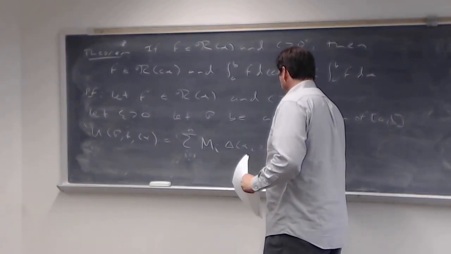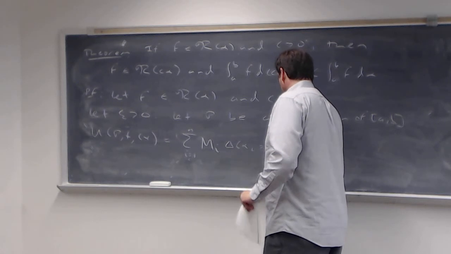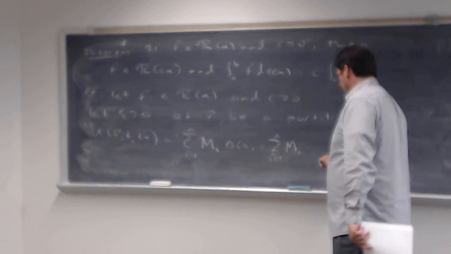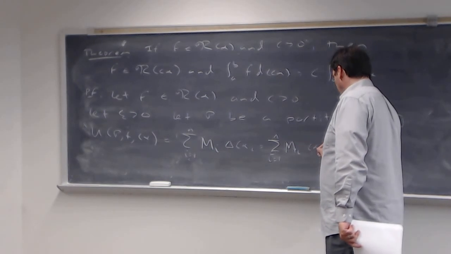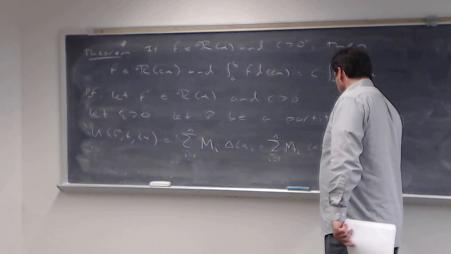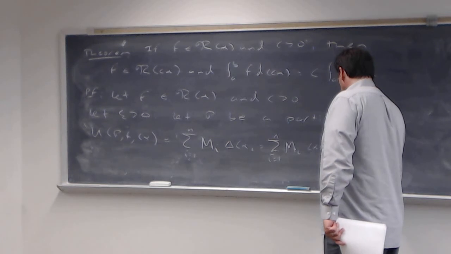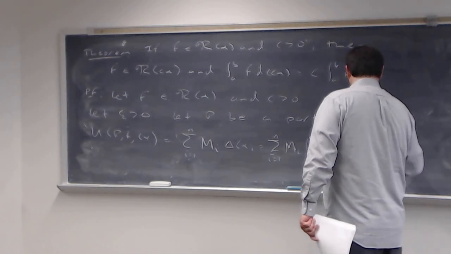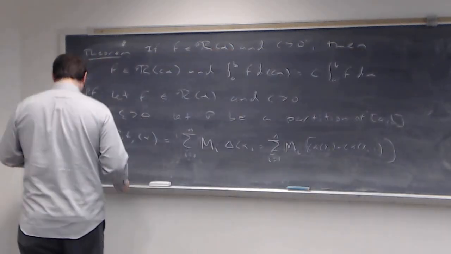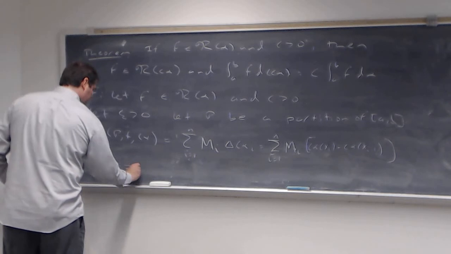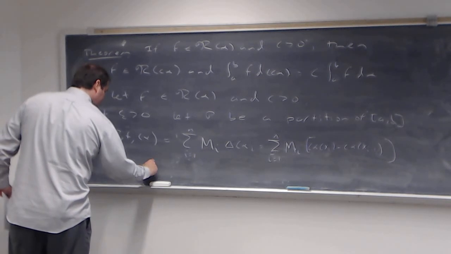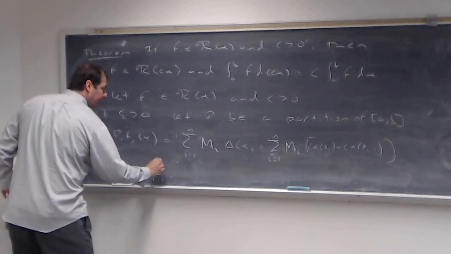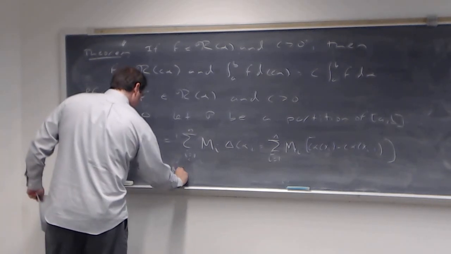And that's going to be equal to the sum as I runs from 1 to n of M sub I, and then this is nothing more than C alpha of x sub I minus C alpha of x sub I minus 1. And that's going to be equal to, you can pull out that C times the sum as I runs from 1 to n of the M sub I's.